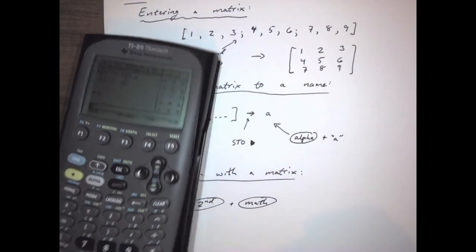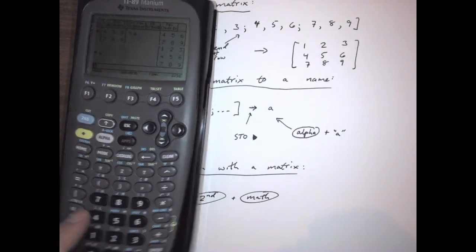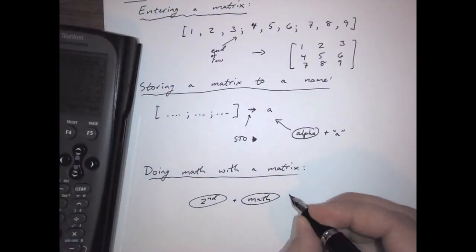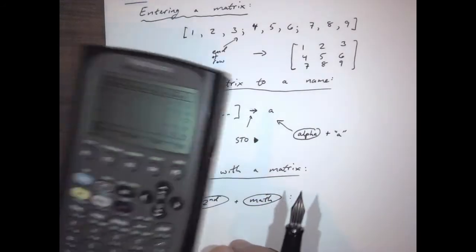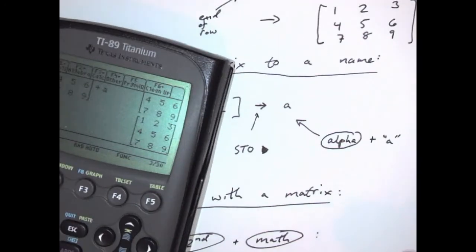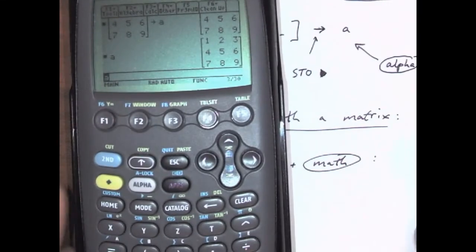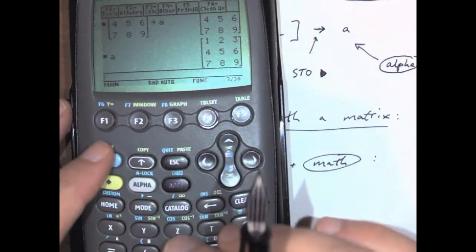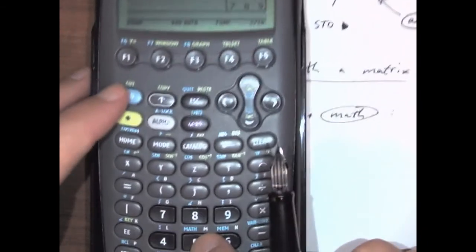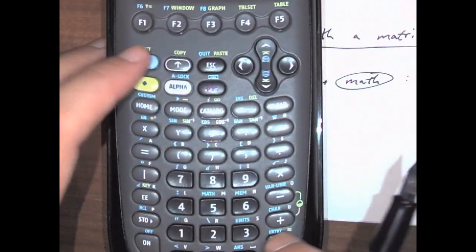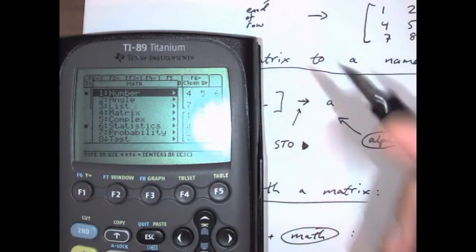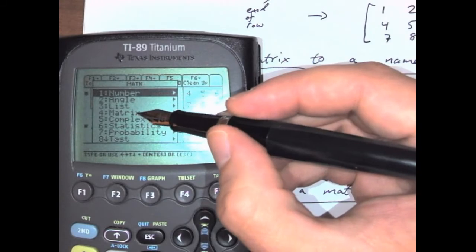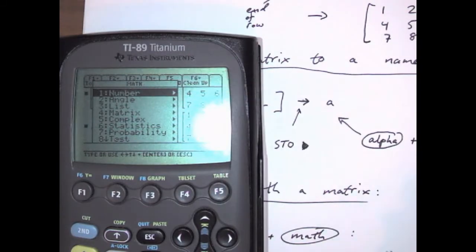So second and 5, you'll notice it says math. Let's see where that takes us. So just clear that, not that it needs to be done, but second and then 5 is math, and you look over the list of options here, and you'll notice matrix at number 4.